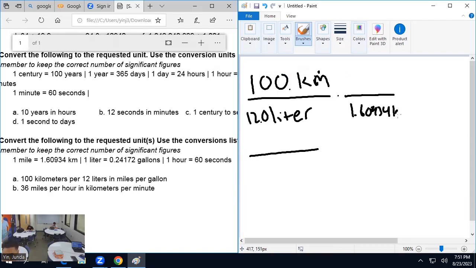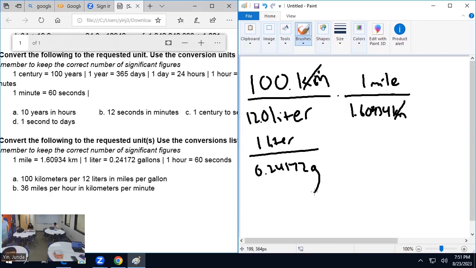0.6093 over 1 mile. Nick, did you get this? Yes. Okay. What would your next step be? So I changed it and I got 1 liter over 0.24172.